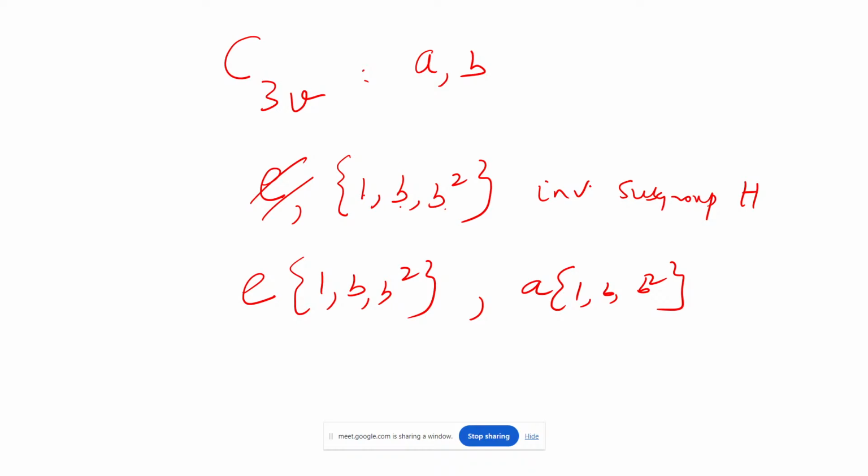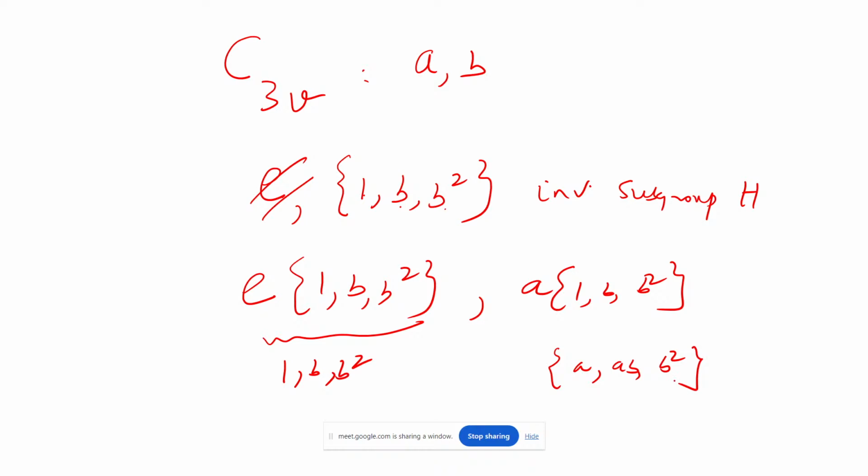I did it by multiplying the element with the subgroup on the right. You could also do the subgroup on the left and the element. This whole set will be three elements, 1, b and b squared, and similarly this one will be a, ab and ab squared.